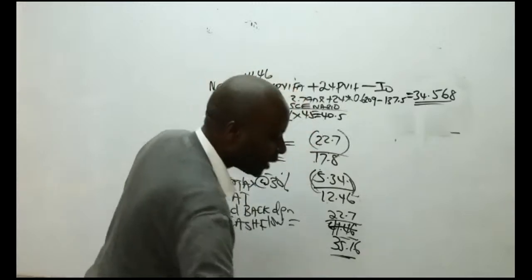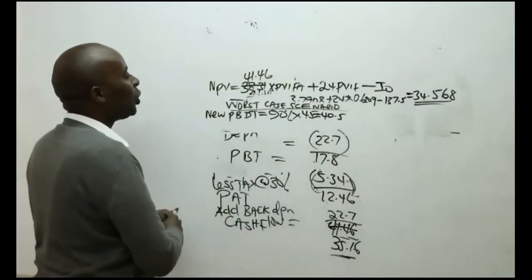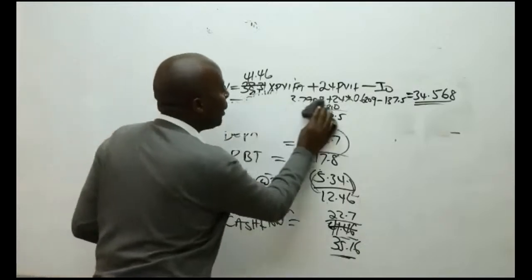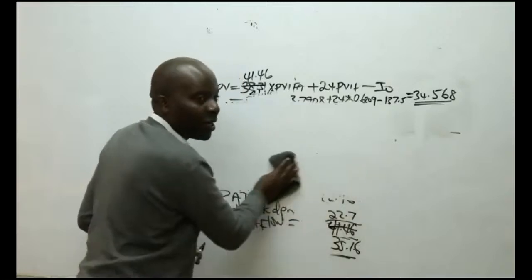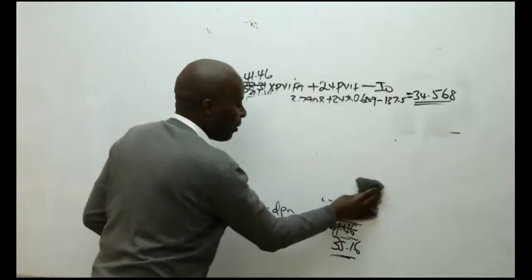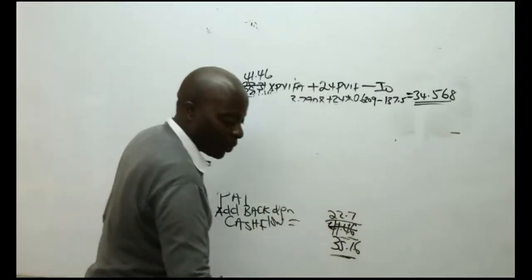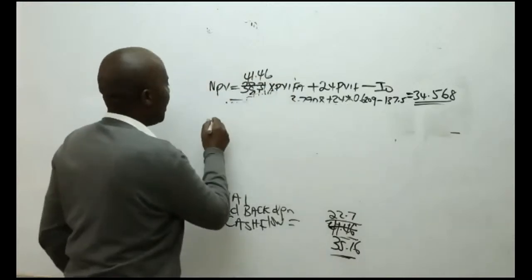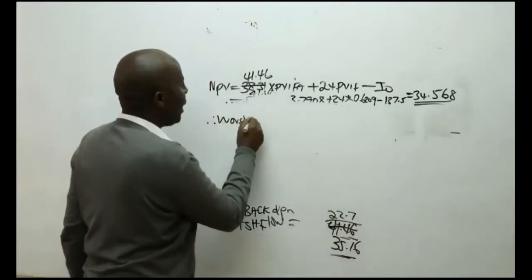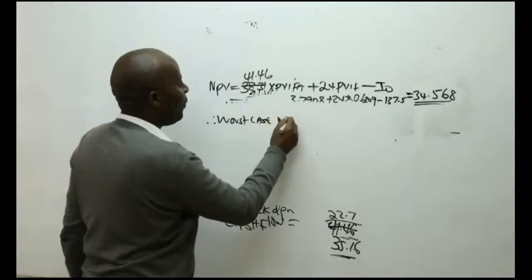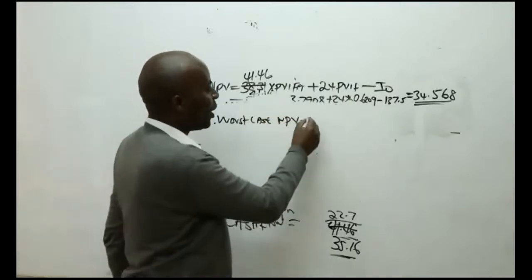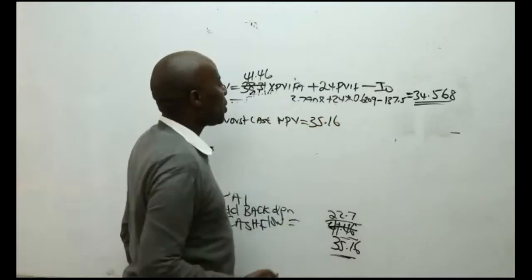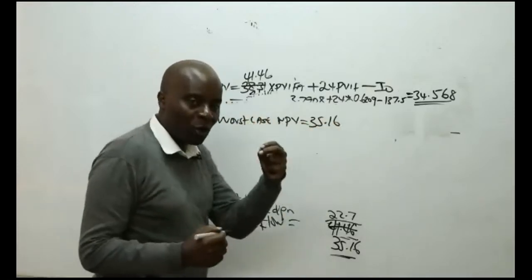And once I have that, ladies and gentlemen, I should be able to give you, great students of mine, my worst case NPV. And therefore, the worst case NPV, now I can see my worst case operational cash flows are 35.16. 35.16 multiplied by our PV factor will not change.